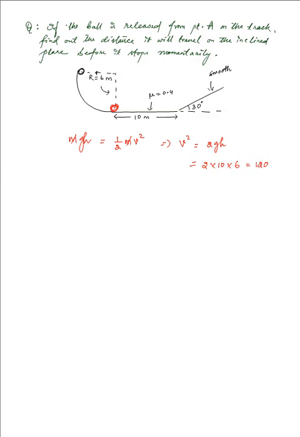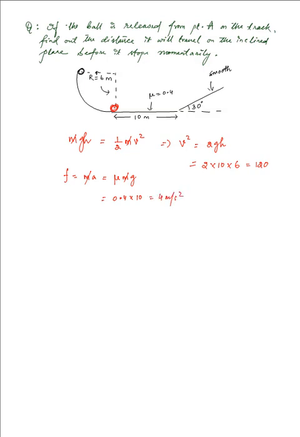The force of friction equals mass times acceleration, which is also equal to mu times m times g. Equating these, the magnitude of the negative acceleration a is equal to mu times g, which is 0.4 times 10. So this is 4 meters per second squared.